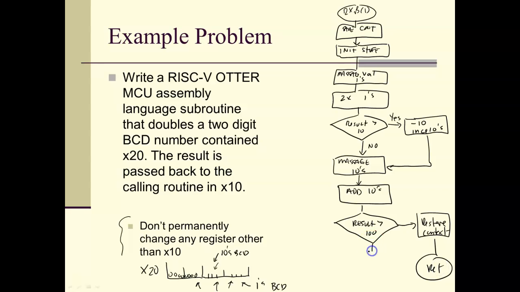If it is greater than 100, I'm going to increment the hundreds digit, which is essentially the third nibble on this thing. So when I add 10 here, I'm also going to have to add carry, which is essentially done in that tens operation.